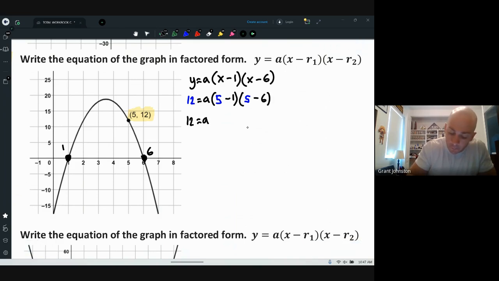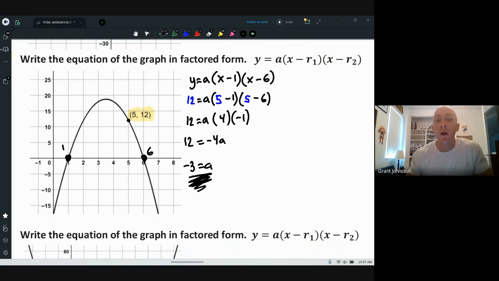Rewrite my 12. 5 subtract 1 is 4. 5 subtract 6 is -1. 4 times -1 is -4. I'm going to put that -4 in front as a coefficient of a. Rewrite my 12. Divide by -4, and I should get -3, right? So if I divide by -4 on both sides, I get -3 equals a.